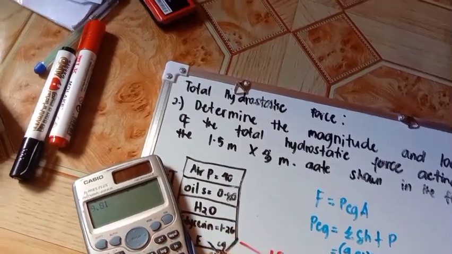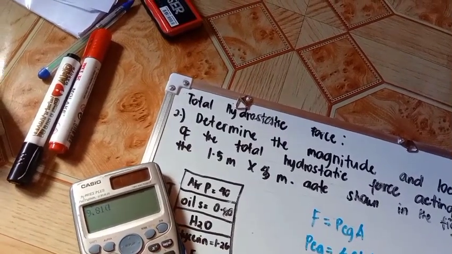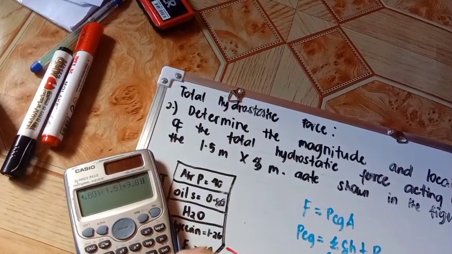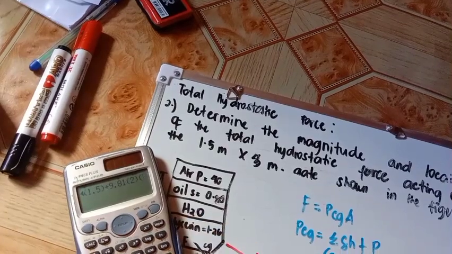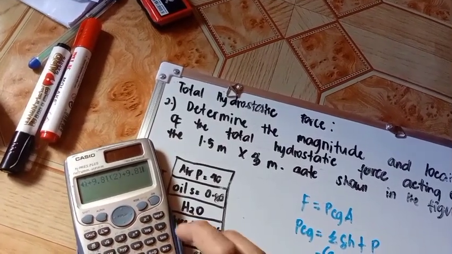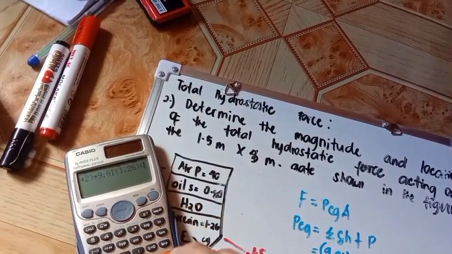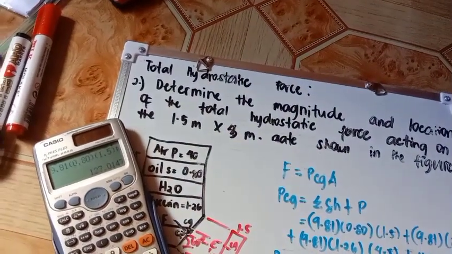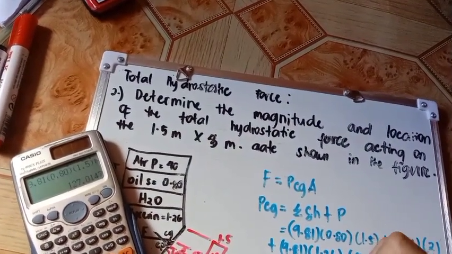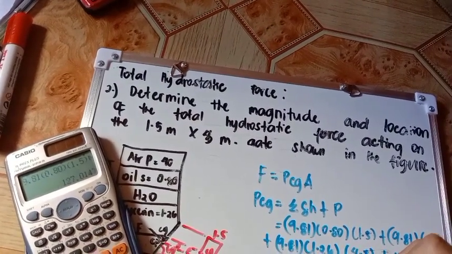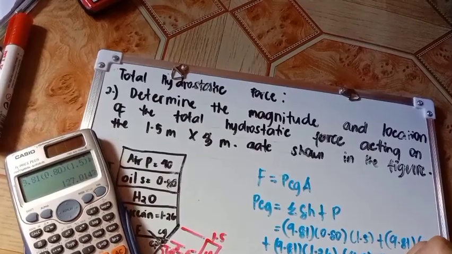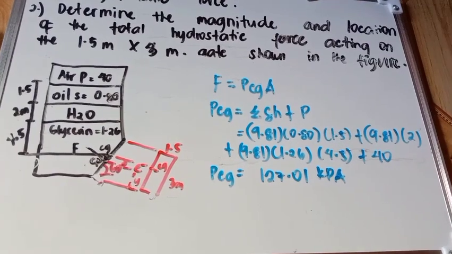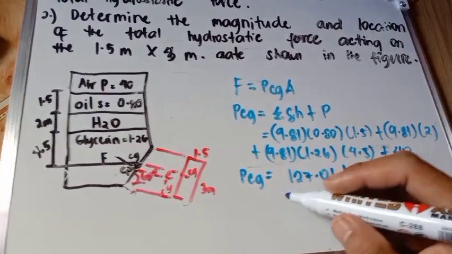9.81 times 0.80 times 1.5 plus 9.81 times 2 times ... So 127.01 kPa. Since nakuha na nato ang PCG, makuha na nato ang total hydrostatic force.